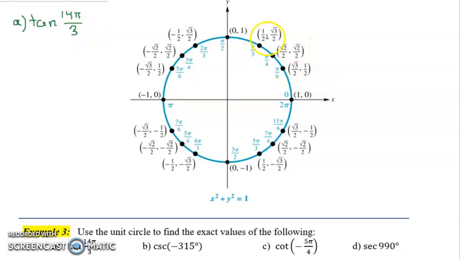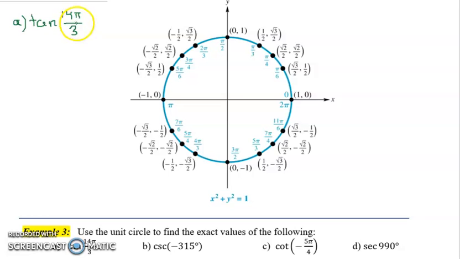So the unit circle is displaying these common angles that we like to refer to between 0 and 2 pi radians. So if an angle is less than 0, so negative, which is going to be an issue for B and C here, or greater than 2 pi radians, or 360 degrees, which is going to be the issue with A and D, then we need to find a coterminal angle that is between 0 and 2 pi.